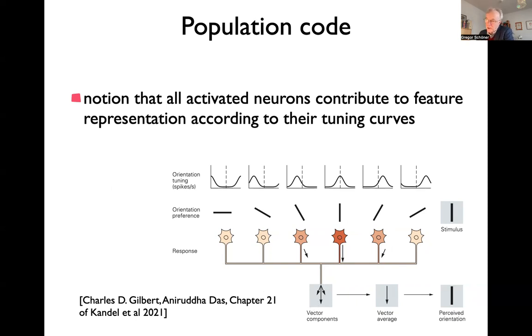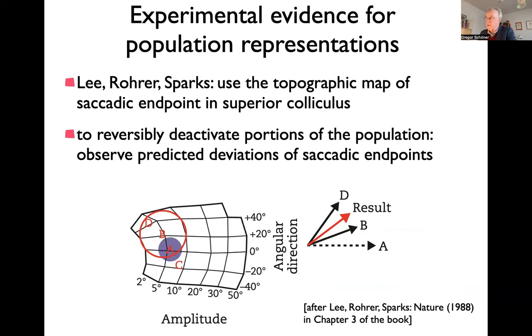That is the predominant interpretation we're using these days. It's not just reading the maximally activated location, but the entire population contributes. And there is empirical data that supports that.